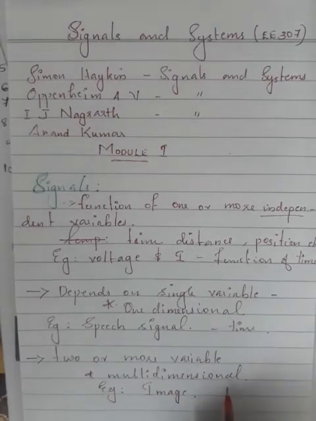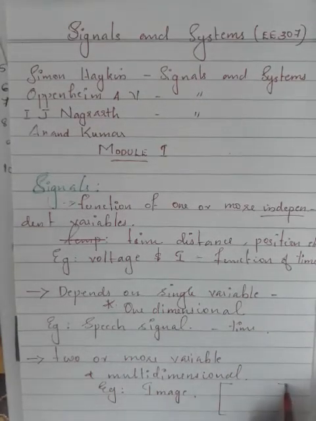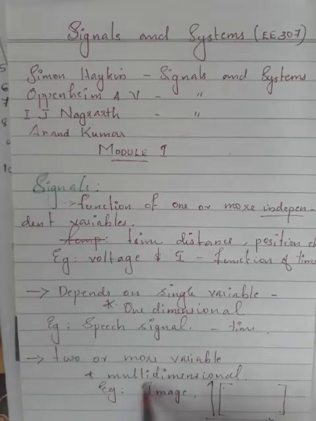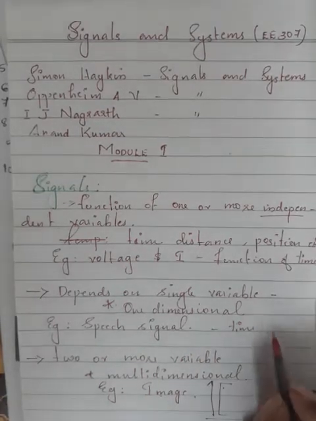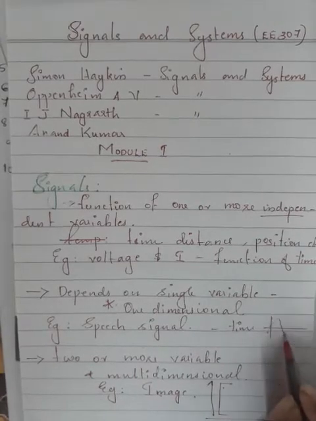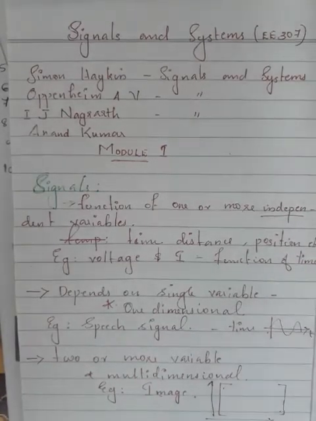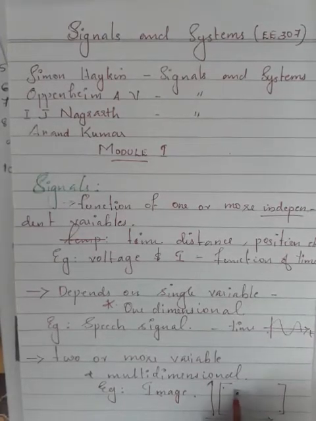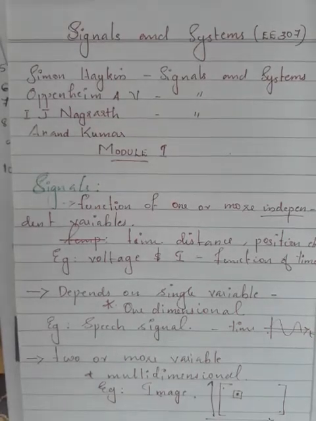Because if we represent an image, it depends on the x-axis, it depends on the y-axis and some other parameters. So we can say it is a multi-dimensional signal. But in case of a speech signal, normally we represent it like this, that is, it depends only on time. But in the image, a particular position or particular pixel depends on both x and y parameters. And there are many examples of multi-dimensional signals. This is one example, that is image.